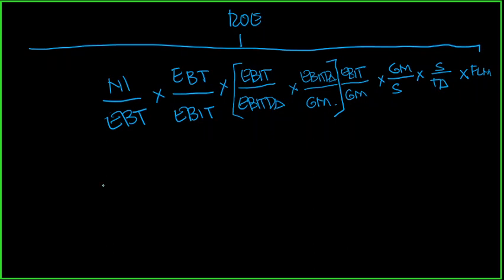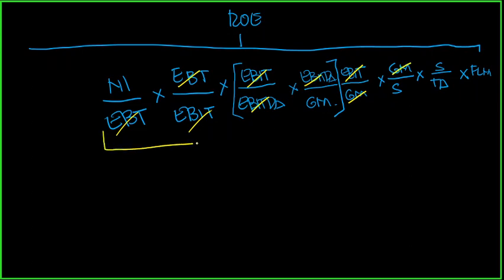Okay, ayan. If you try to look at these ratios, you can actually cancel some. This one can be cancelled. This one can be cancelled. If you try to multiply that, tapos, yes, this one. And this one.